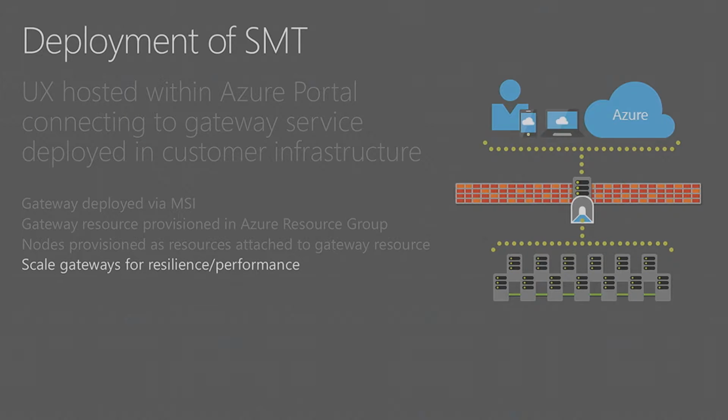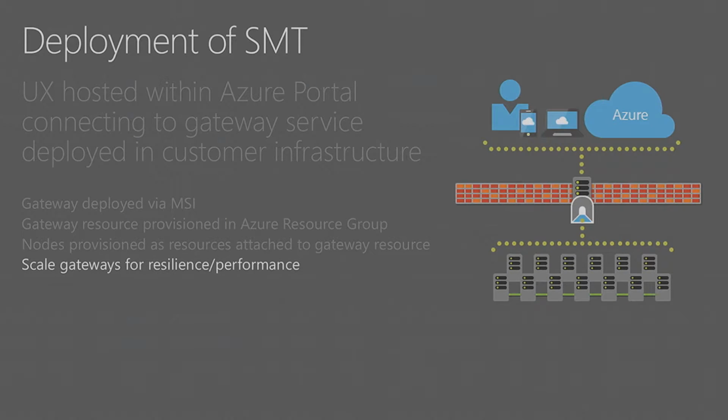I mentioned earlier the ability to scale gateways for resiliency and performance. The way this works is you can either put it on a failover cluster and let that do the HA, or you can install multiple instances of a particular gateway, and it will automatically load balance and receive and process requests independently.